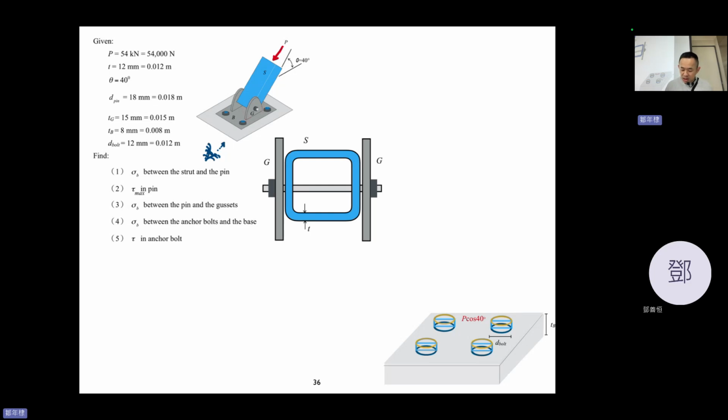I don't know what a gusset is. G. These two planes are G. And there are anchor bolts on it, 4 anchor bolts. Sorry, there's one behind the strut. 4 anchor bolts.